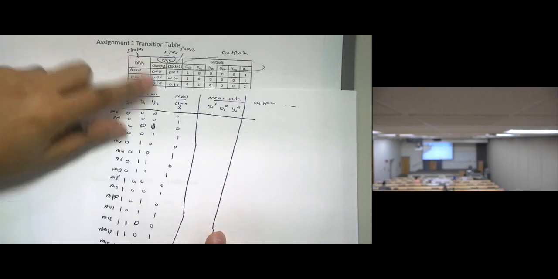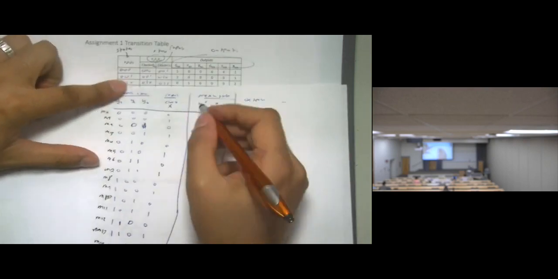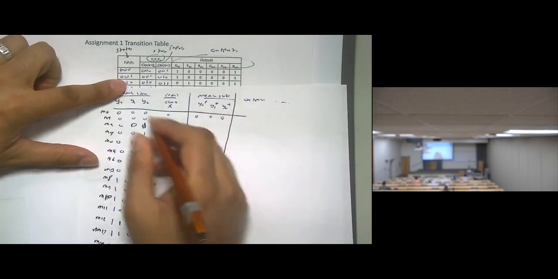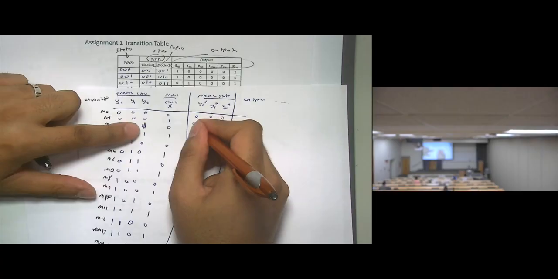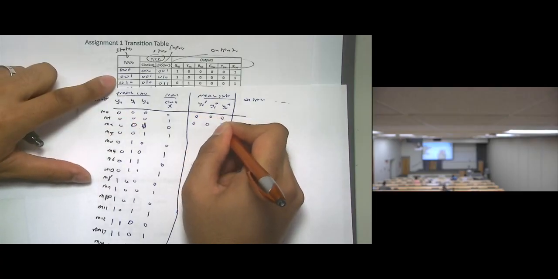Just try to translate this table to here. So here when it's 0, 0, 0, and the input clock is 0, it will remain at the state 0, 0, 0. When it is 1, it will go to 0, 0, 1.